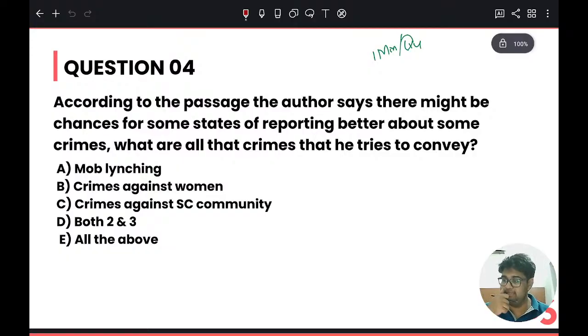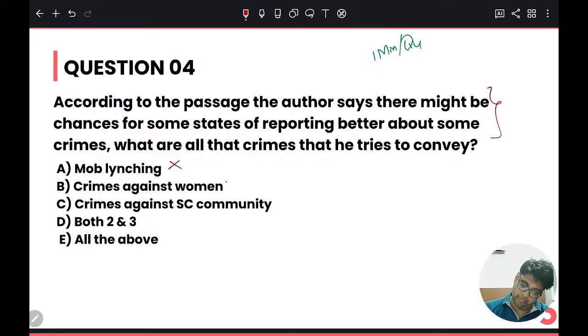According to the passage, the author says that there might be chances for some states reporting some crimes better than others. What are the crimes that he tries to convey? Okay, now it says some crimes are reported better. The author did say that in the third paragraph. So which are those crimes? Mob lynching? No, there was no talk about mob lynching.